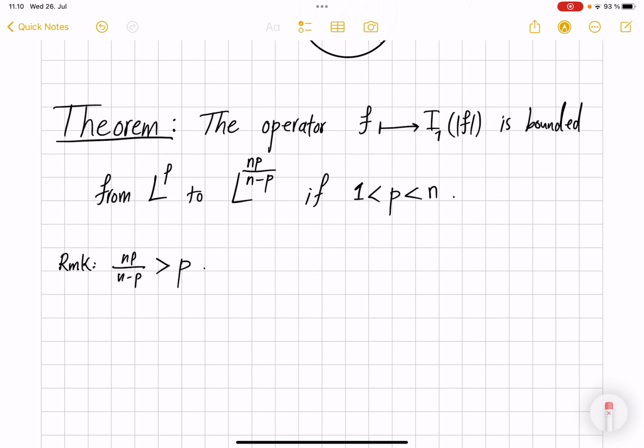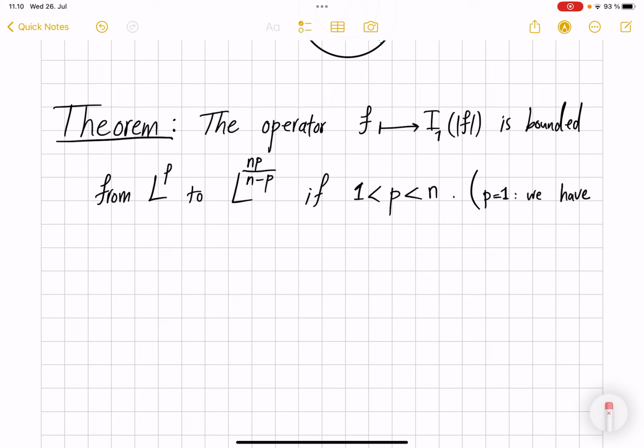And there is a second part to this, similar to the maximal function. For p equal to 1, we have some weak boundedness results.